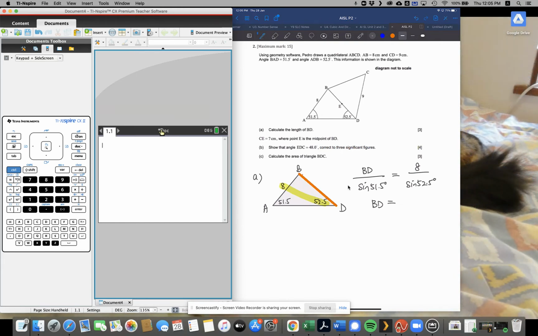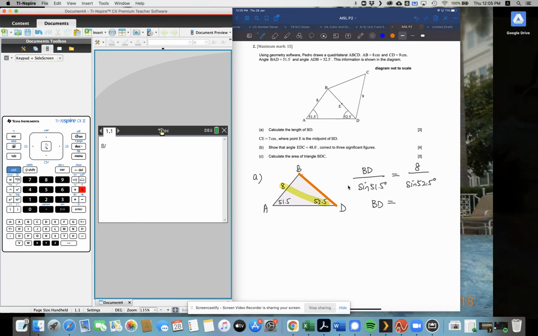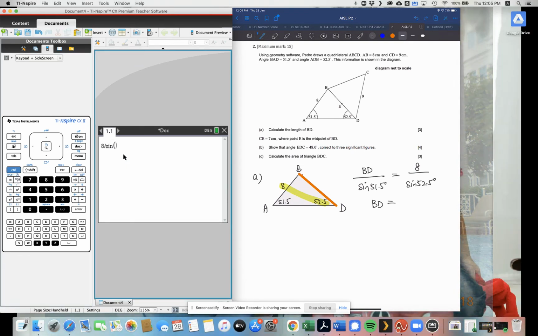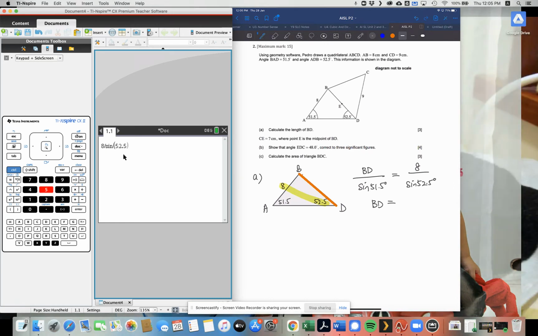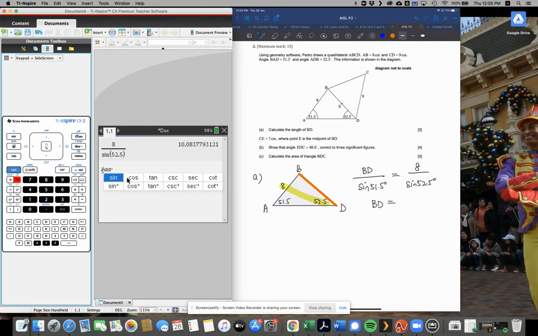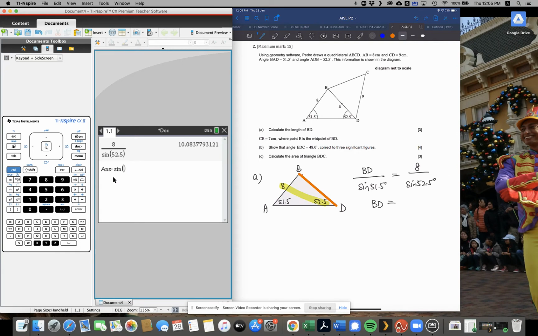You work it out. So over here, 8 divided by sine 52.5 times sine 51.5.